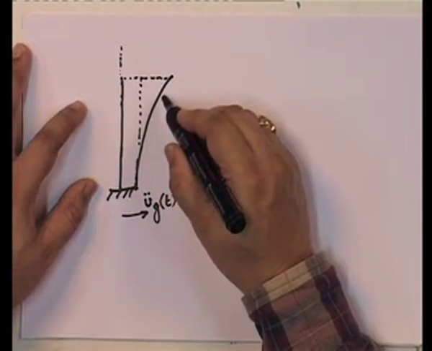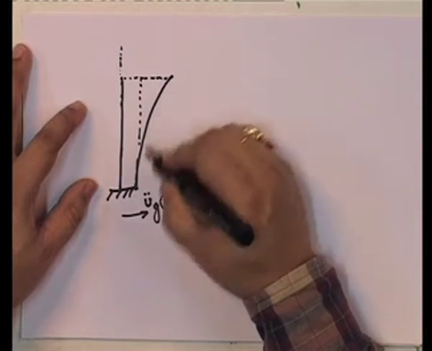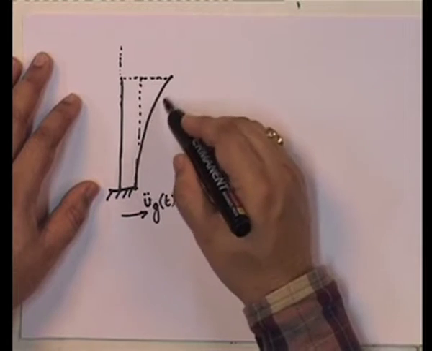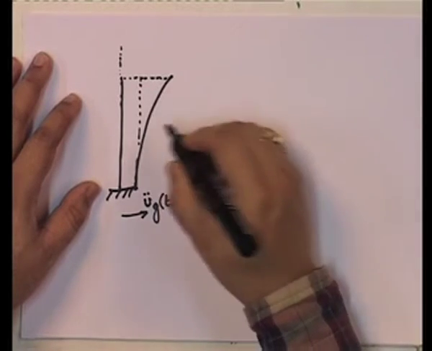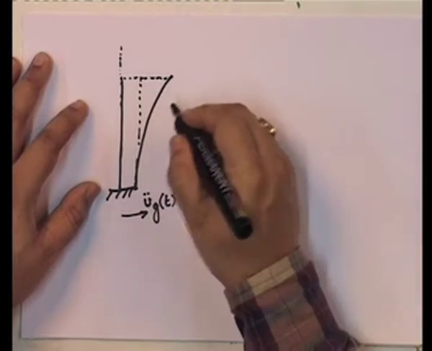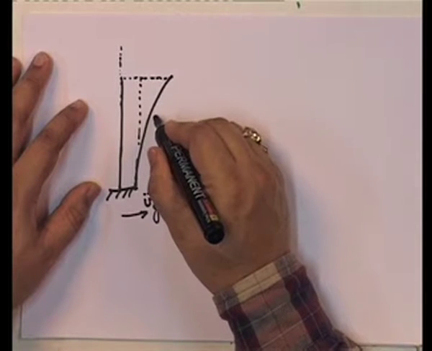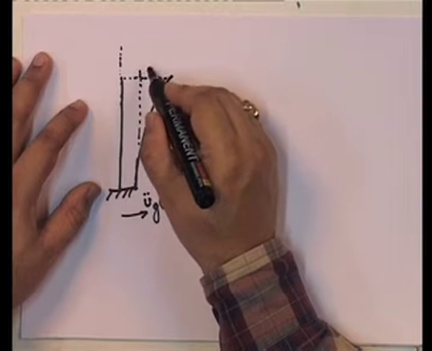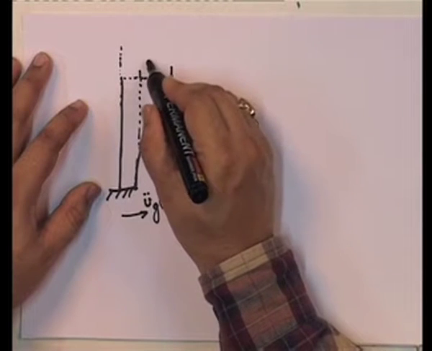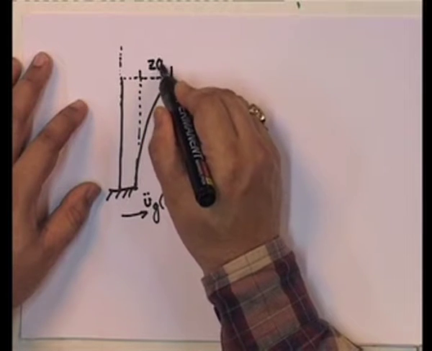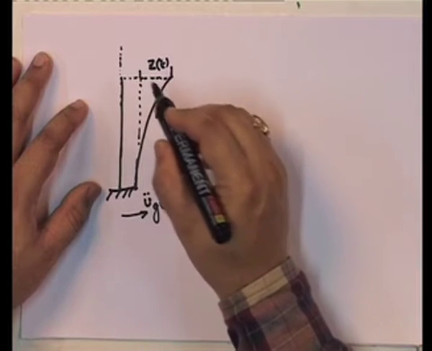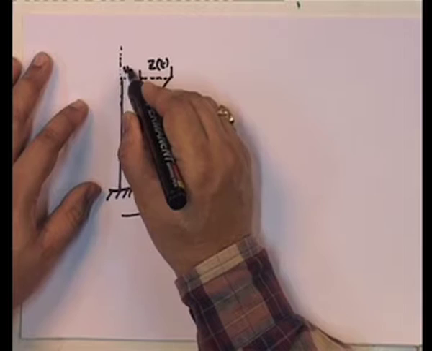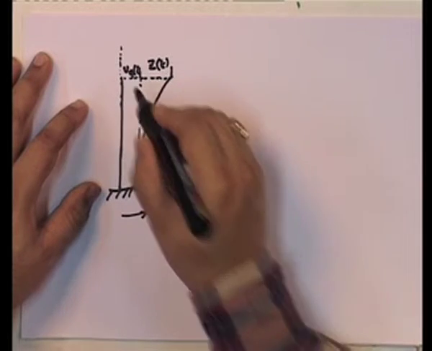So, we look at the forces that are in the system. One is due to this deformation, and this deformation, as we know, is given by the following, where from here to here is given by z of t. The deformation is given by z of t, however, this part is v g of t.